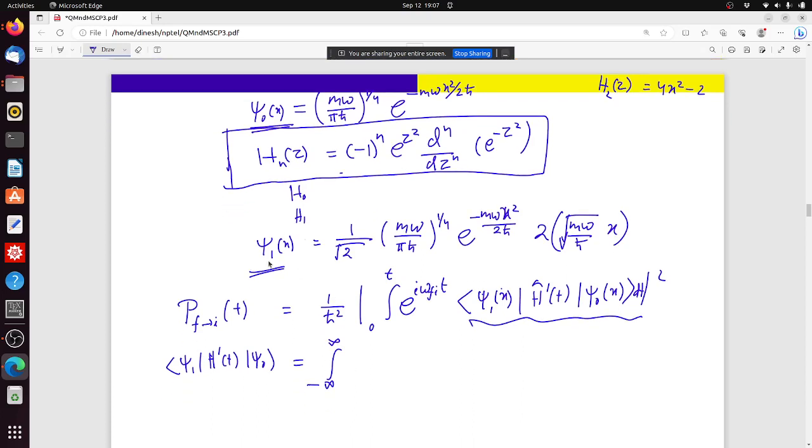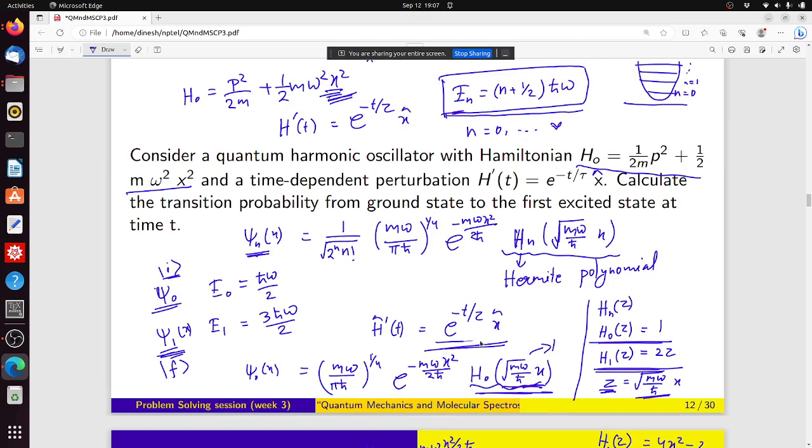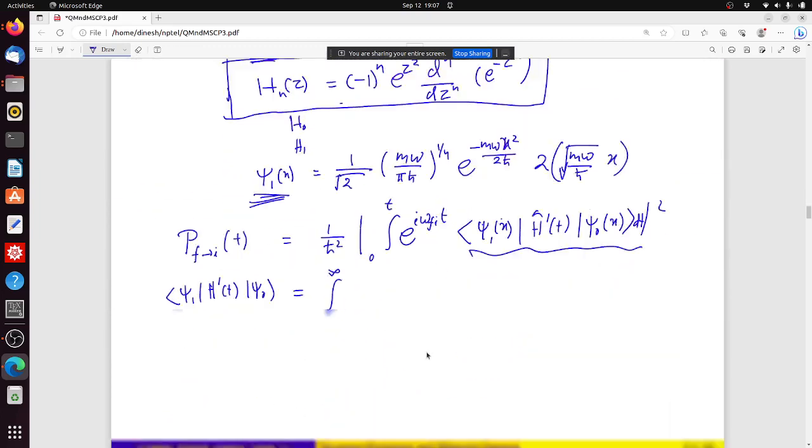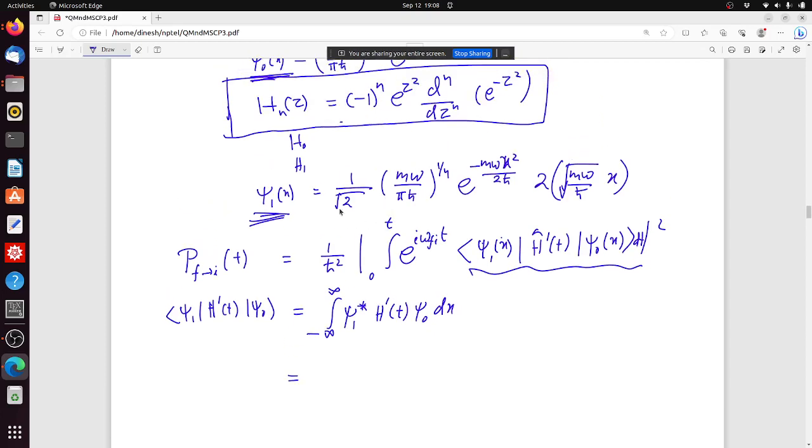So I have psi 1 and psi 0, and H prime I have as this, one space dependency and one time dependency. So what I have to do is take psi 1 star H prime of t psi 0 dx. I have to take all the constants out first. So for me these are all constants because they are independent of x, and this as well is independent of x.